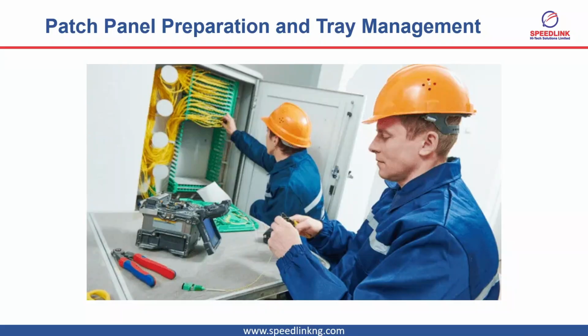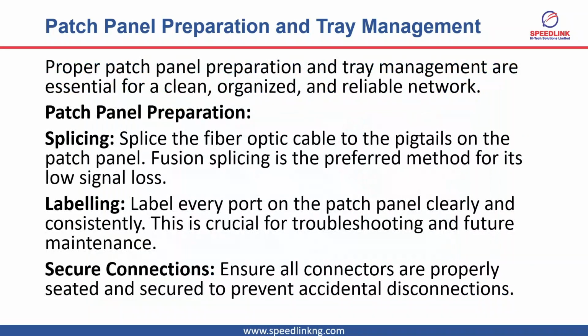No. You have to what? Document it. And helping to document it is what? Labeling, isn't it? You label, okay, on buffer 4, port 2 is going to this place. You label every port on the patch panel clearly and what? Consistently. This is crucial for what? Troubleshooting and future maintenance.